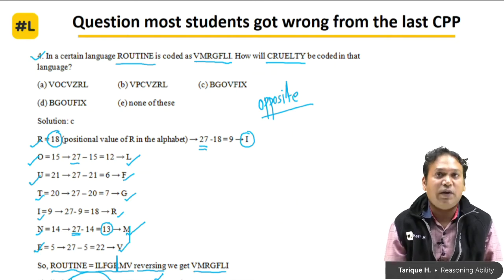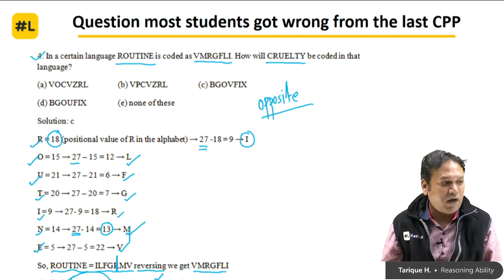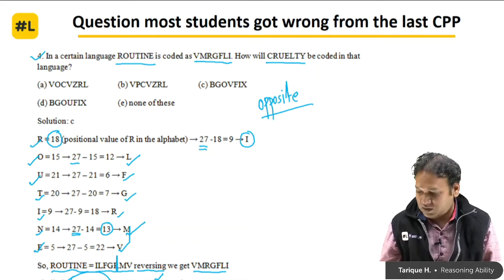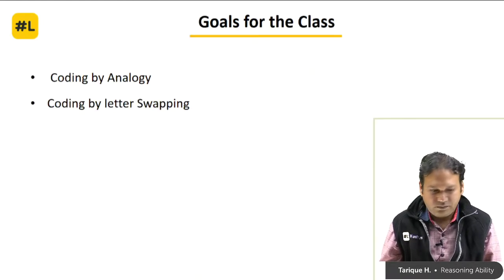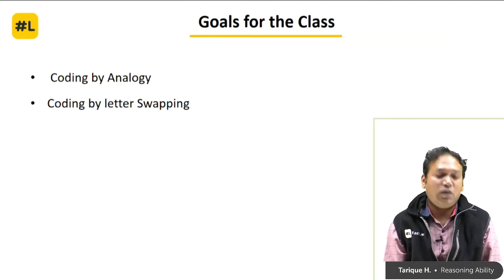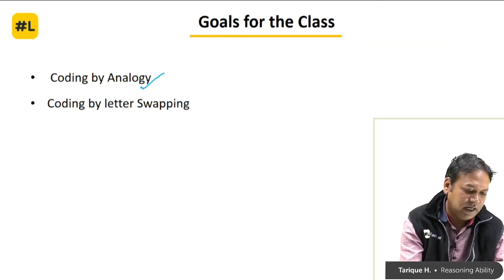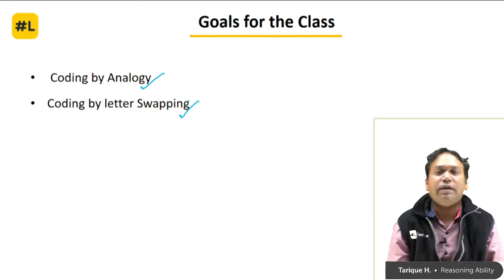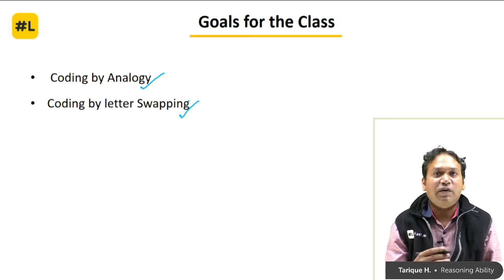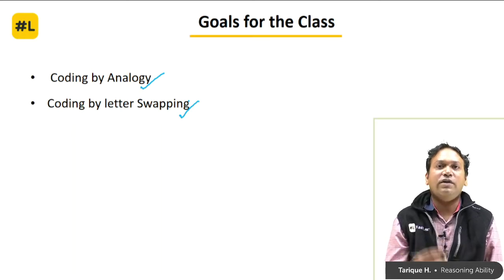So we have discussed the question from the previous day, and on the next slide we will discuss what we are going to do today, what the agenda for today is. Today's goal, as I have already told you, is to discuss two types of questions, analogy and letter swapping, right. Both of these can be easy as well as difficult, so we will look at all levels of difficulty.